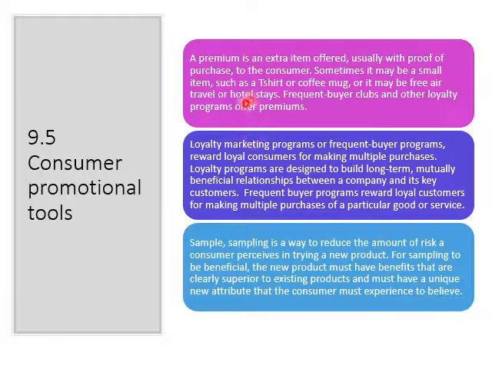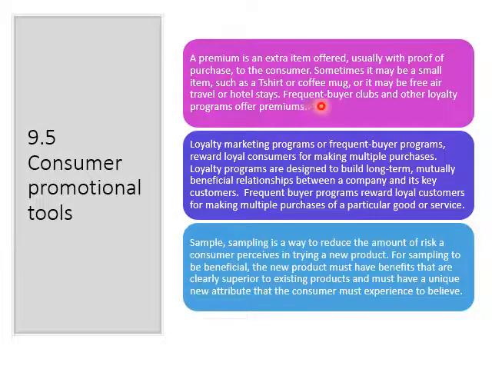Next consumer promotion tool is the premium. A premium is an extra item offered, usually with proof of purchase, to the consumer. Sometimes it may be a small item such as a t-shirt or a coffee mug, or it can be bigger items, right, or bigger prizes like free air travel or hotel stays.